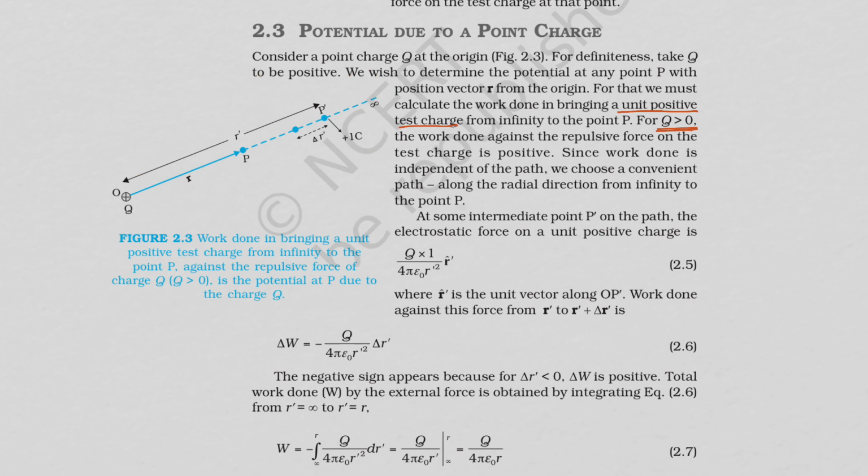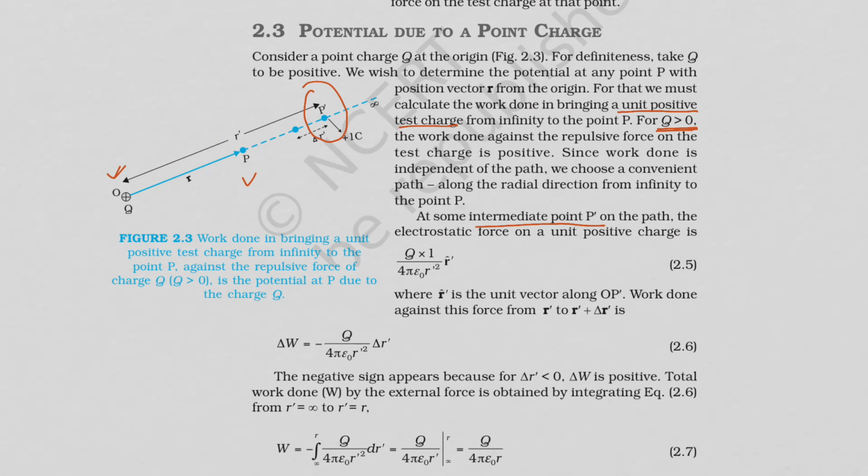But to actually derive all these things, we need to find an intermediate point P dash between infinity and the point P. The distance of this P dash from the origin is R dash.